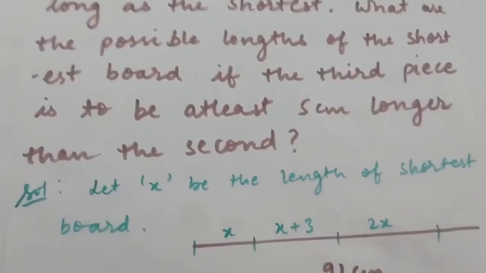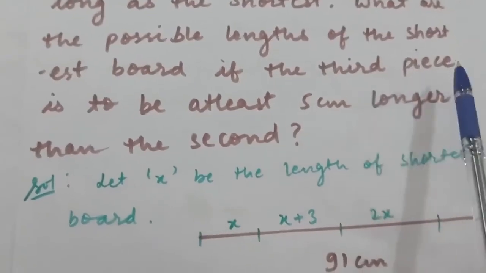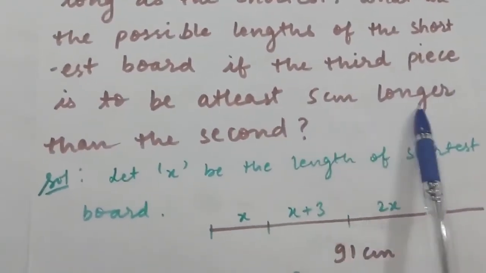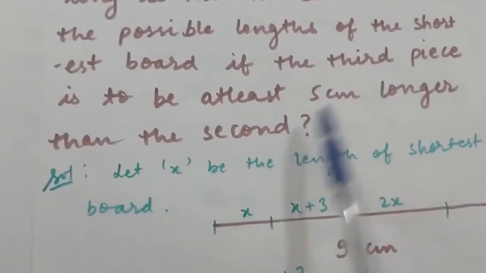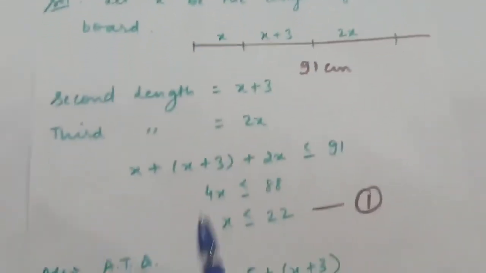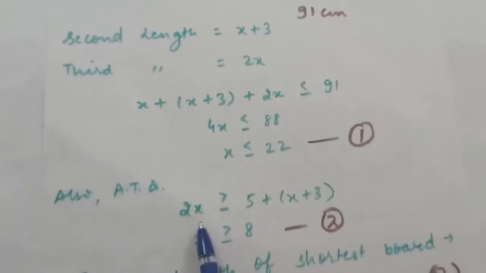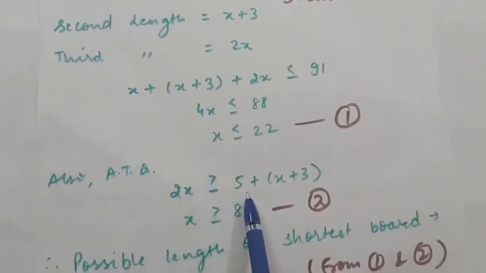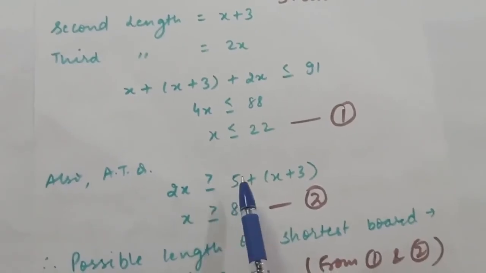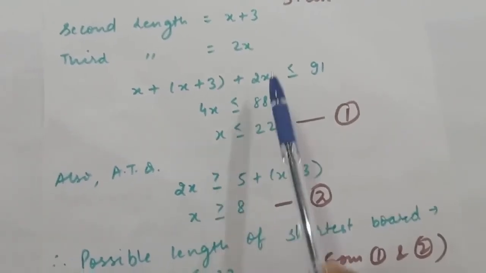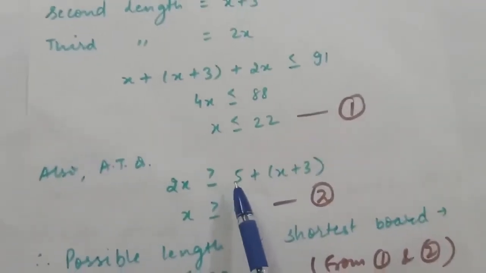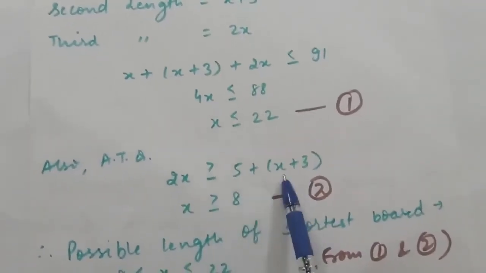In the question, it is also given that the third piece is to be at least 5 centimeter longer than the second. The third piece is 2x, right? So 2x is at least, and at least means either equal to or greater than, 5 centimeter longer than the second. The second is x plus 3. 5 centimeter longer means 5 plus x plus 3.